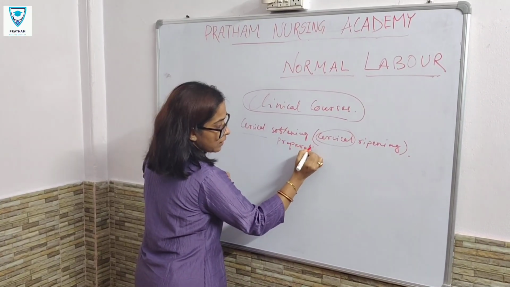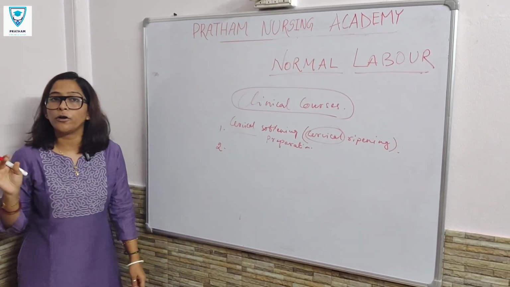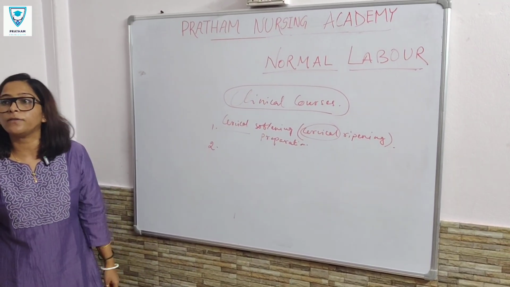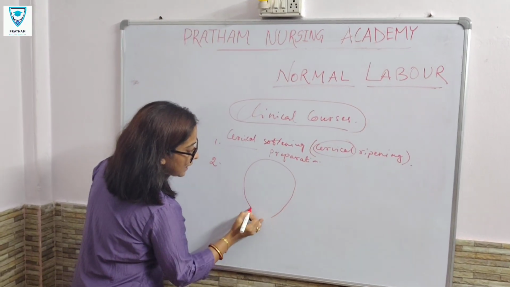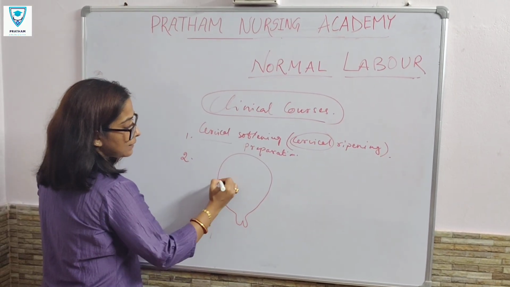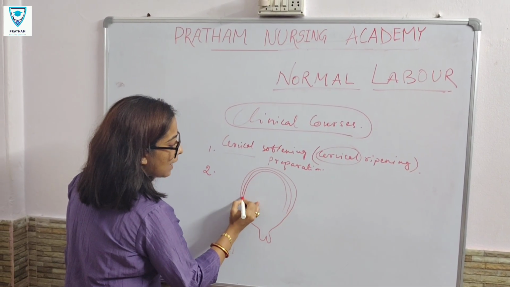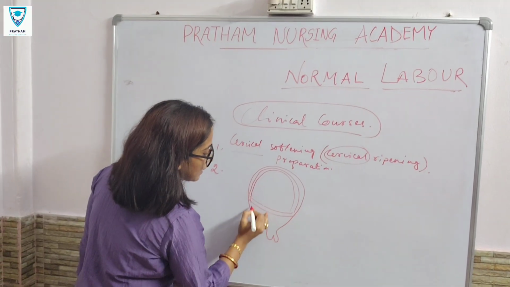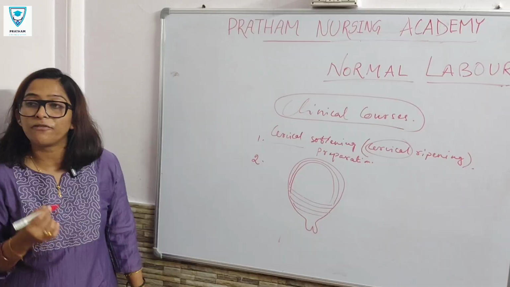Cervical preparation. After cervical preparation, the second one is contraction and retraction of the uterus. So there is an interesting thing. Suppose it's the uterus along with the cervix. The thing is, the uterine muscle fibers are made like a bucket, in a bucket-holding fashion.